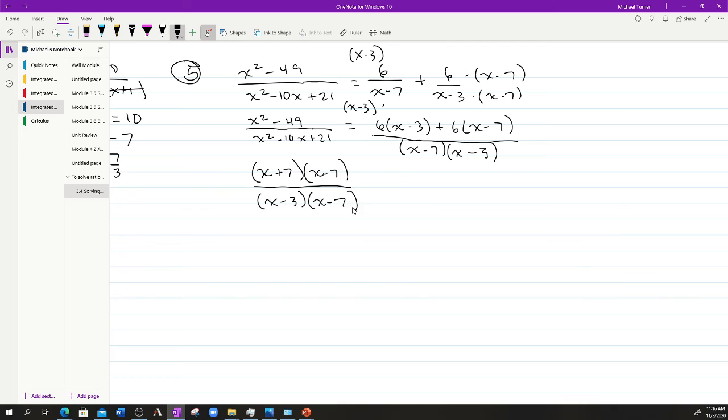Okay. So using your factoring techniques, the top would factor into x plus 7 times x minus 7. On the denominator, it's x minus 3 times x minus 7. You're going to combine like terms here to get 12x minus 60, and that's over x minus 7 times x minus 3.